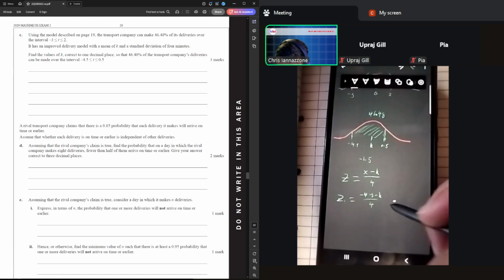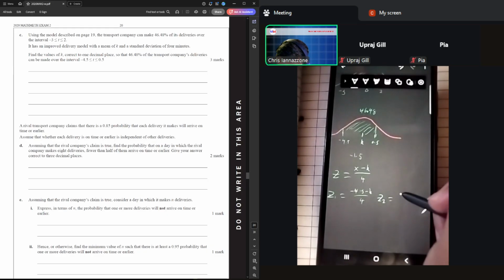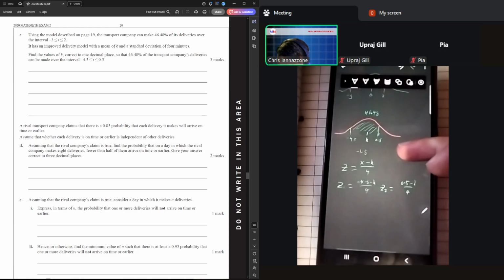And then Z2 would be 0.5 minus k on 4. Two equations, two unknowns. It's just a simultaneous equation solved now?